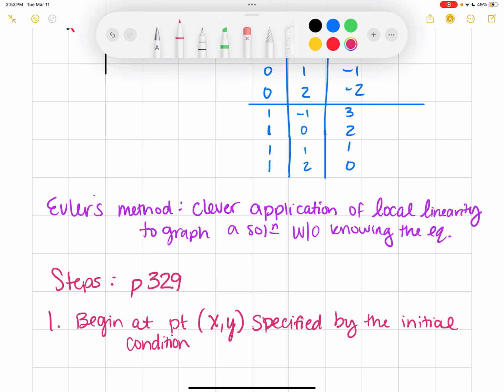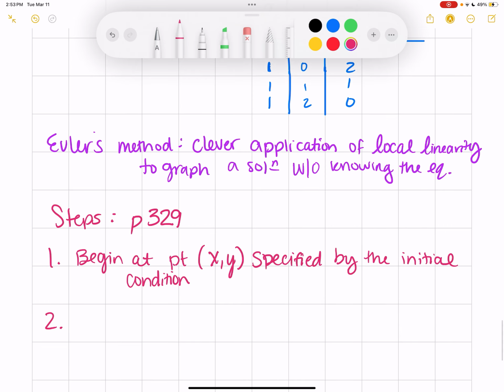Step 2: use the differential equation to find the slope, dy/dx, at the point.